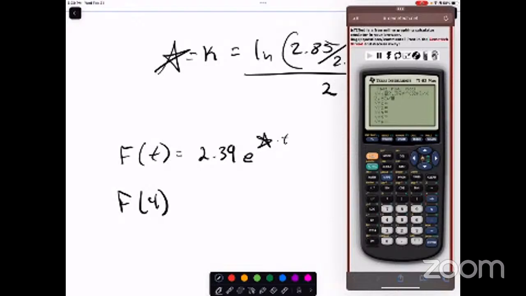I think this is fine. Then we're going to evaluate this function when T is 4 years later. And that's trillions of dollars.